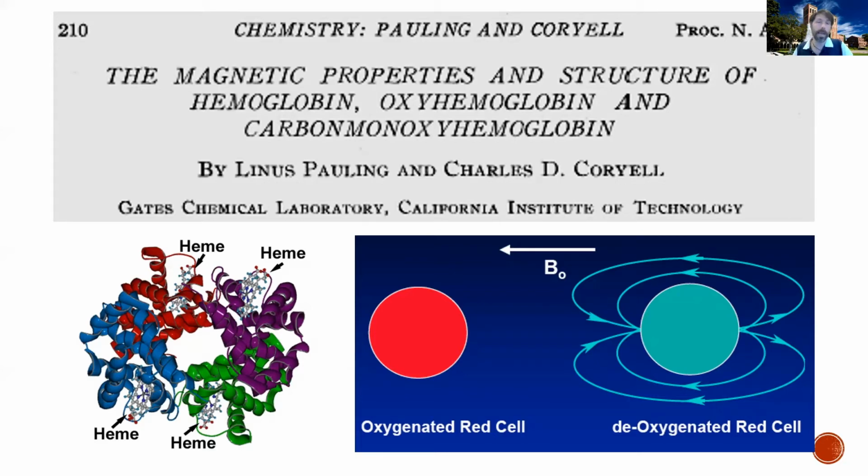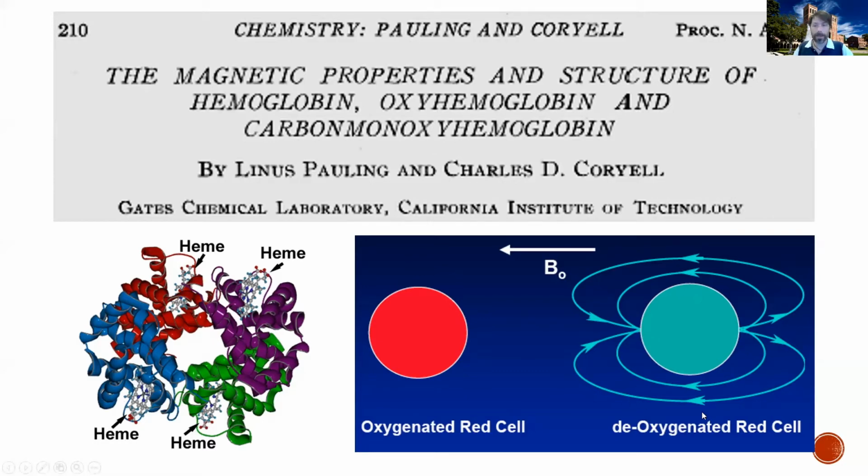Now, they originally had shown that while deoxygenated hemoglobin is paramagnetic, so alters the magnetic properties of the field, the magnetic strength of the field, oxygenated hemoglobin was not.